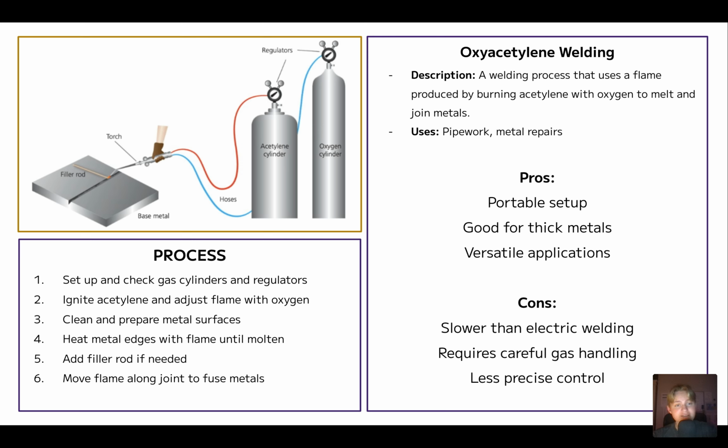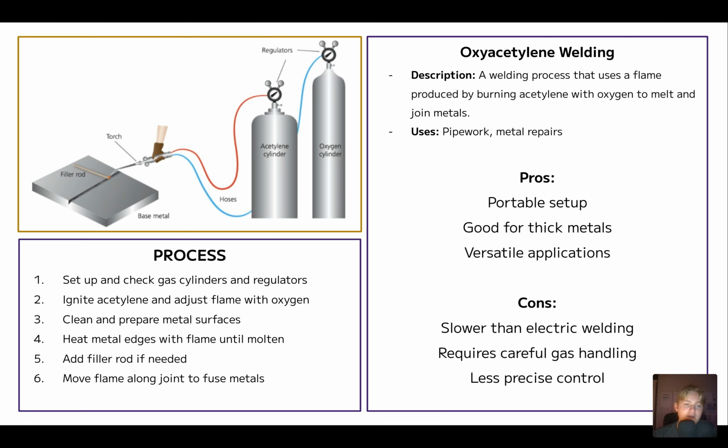It's also very versatile, since we're not relying on any particular type of metal. We're just using a filler rod. But the cons of it, though, is that it is a lot slower than electric welding, and it requires careful gas handling because the gases are explosive and flammable, and there's also less precise control than using an electric welder.